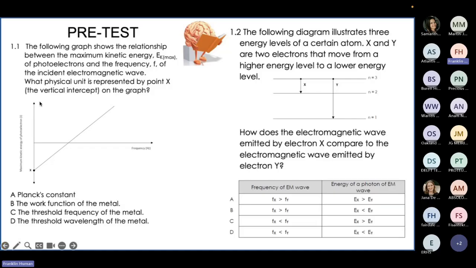This first question deals with a specific graph that is given, and I always tell my grade 12s, whenever you are given a graph in any exam, whether it's a chemistry exam or physics exam, go to your axes first and see what the variables on the axes of your graph are. So in this case, this is maximum kinetic energy of the photoelectrons on your y-axis, and then the frequency on your x-axis.